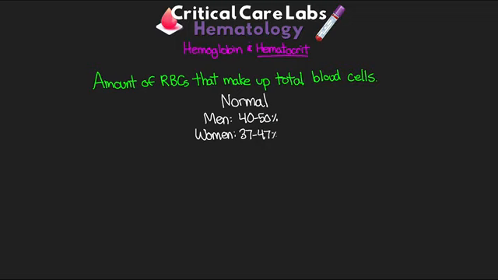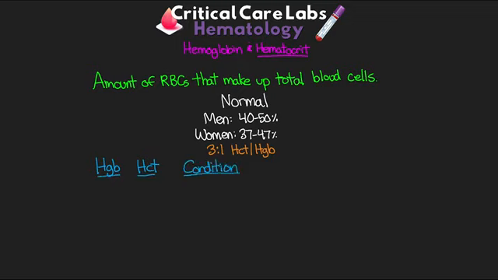Now, this value of the hematocrit has to be evaluated in conjunction with what our patient's hemoglobin is. As a quick gauge, we expect to see a 3-to-1 relationship. So, for example, if you have a hemoglobin of 12, you should expect to see a hematocrit of around 36.